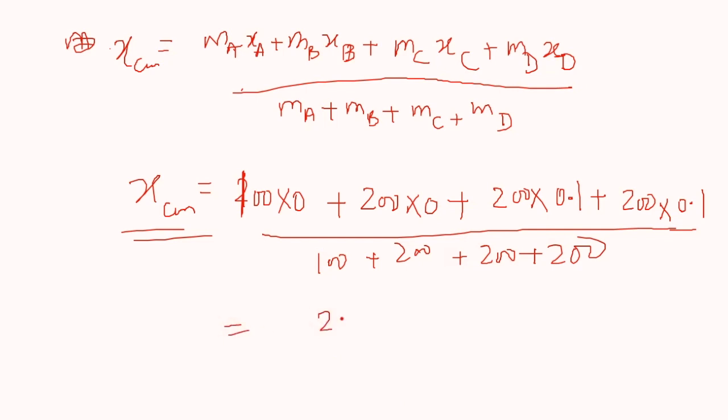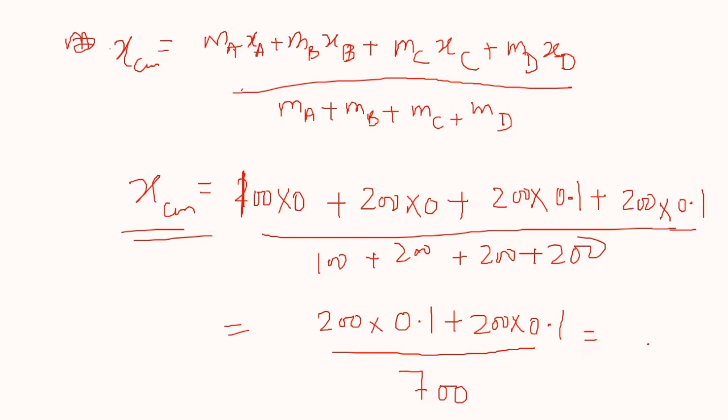So it becomes 200 into 0.1 plus 200 into 0.1, divided by 700. The numerator and denominator are both in grams, so the unit cancels out and the result will be in meters.